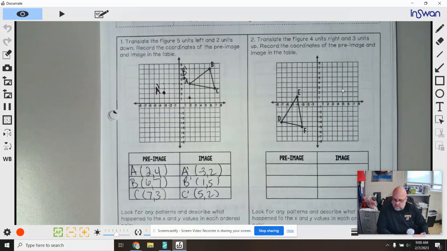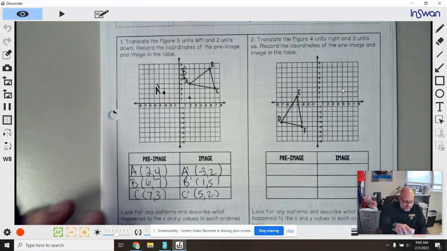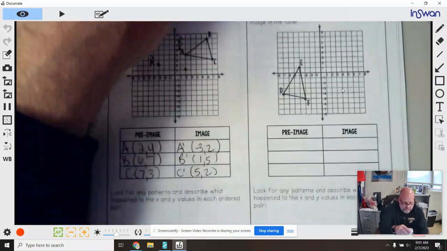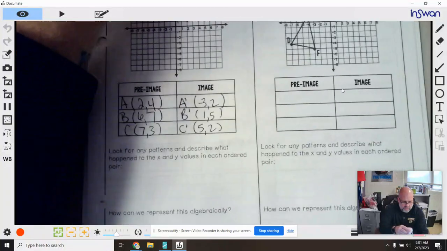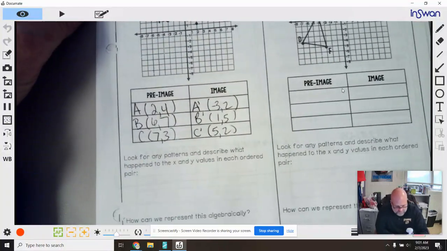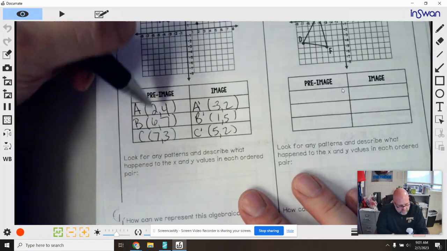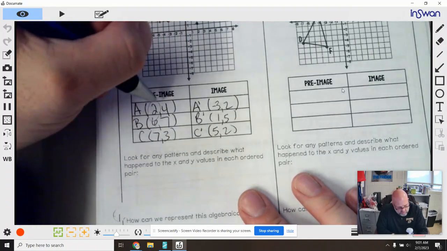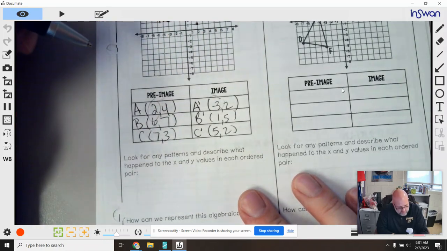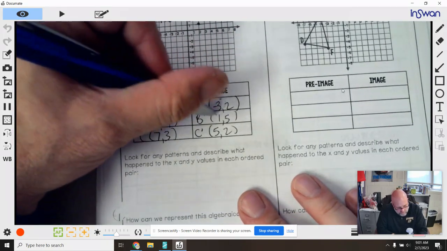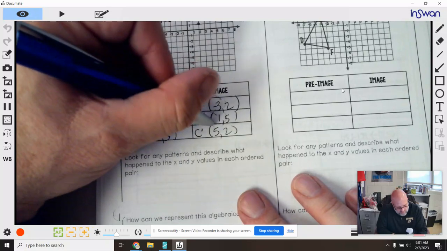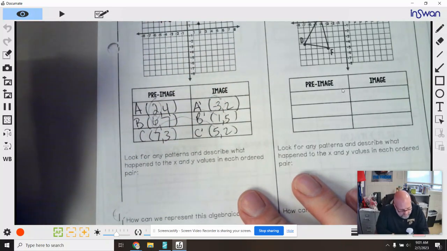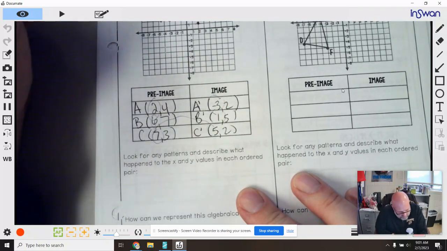Now it says down below, look for any patterns that describe what happened to the X and Y values in each ordered pair. So if you look at the 2 and you go to the -3, or you look at the 6, you go to the 1, the 7, going to the 5 there.